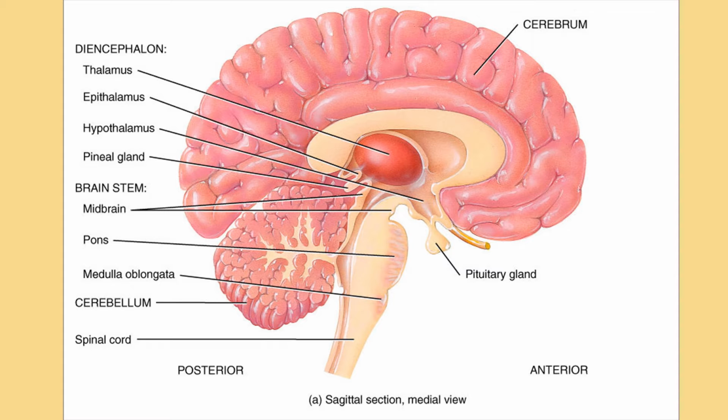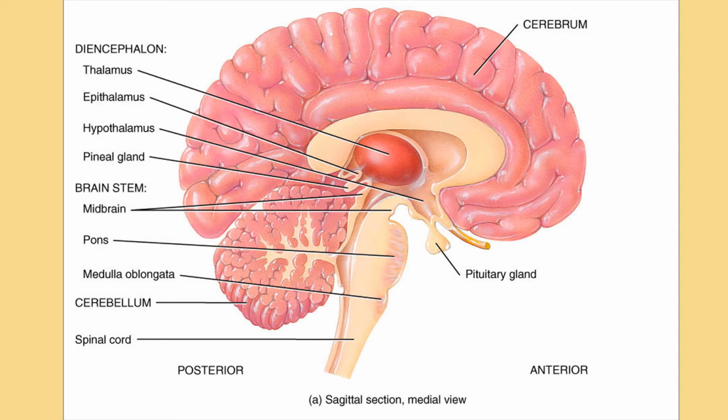So let's start with the major brain regions. There are 4 major brain regions, and I'll start with the brain stem. So the brain stem is continuous with the spinal cord, and the brain stem includes 3 subregions: the medulla oblongata, the pons, and the midbrain.